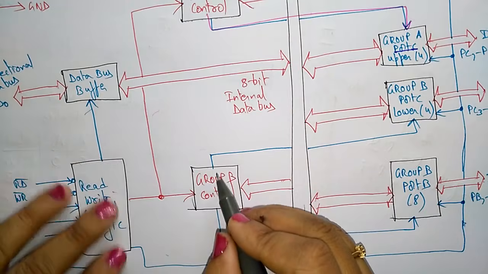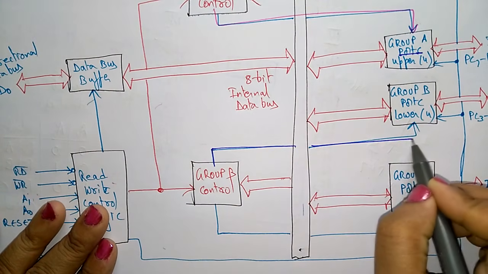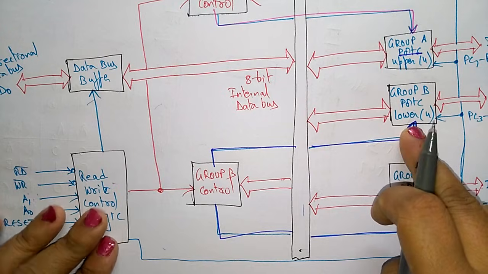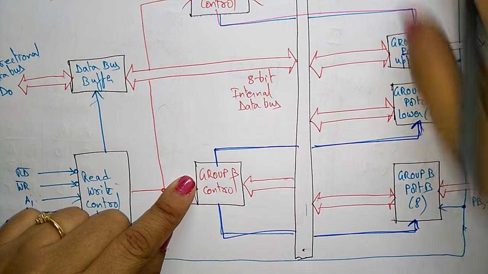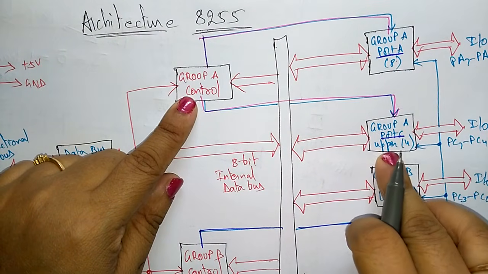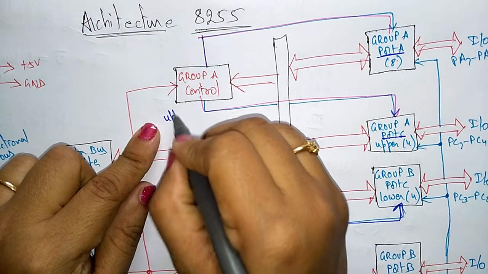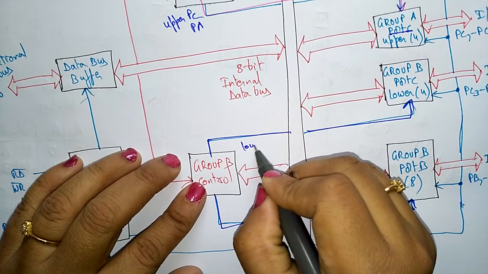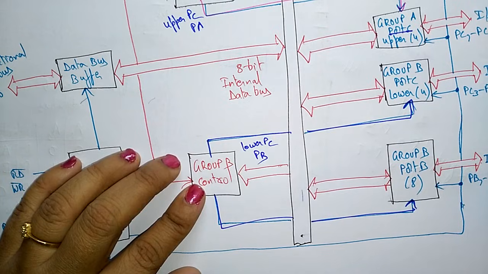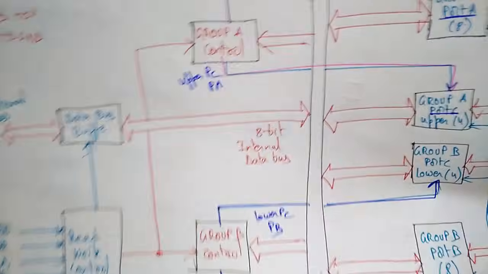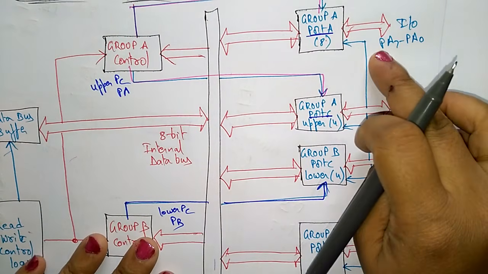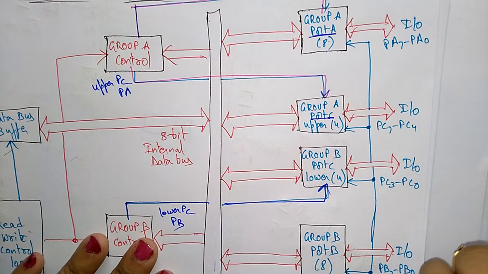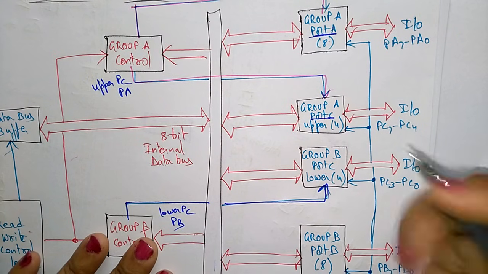Whereas Group B control holds port C lower and port B. So you have to remember that Group A holds port A and upper port C, and Group B consists of lower port C and port B. Here you can see the input output pins, a total of 8 pins connected to the external devices, so you can take 8 bits of information at a time.